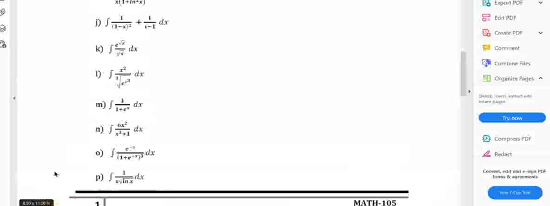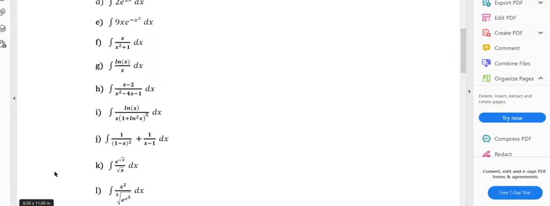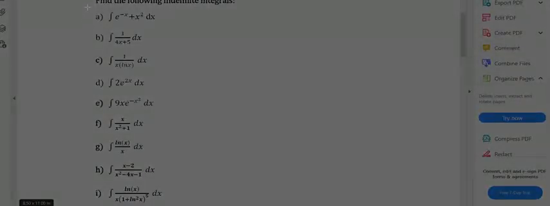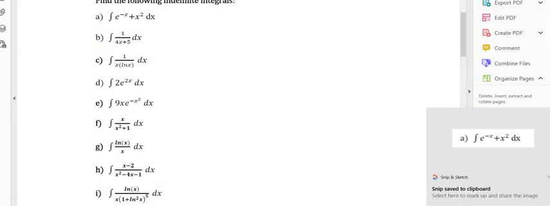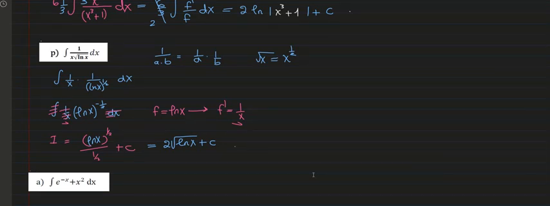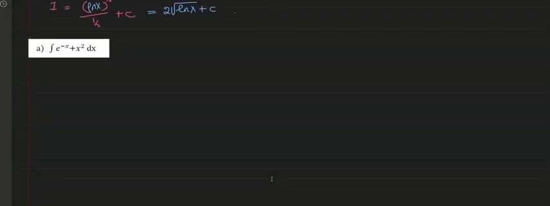Okay, before we go to the word problems, let's get to the exponential integration. You remember the exponential function when we took its derivative, we said that its derivative is exactly as it is. The derivative of e power x was e power x. So if we have e power x, its integration is going to be e to the power of x.